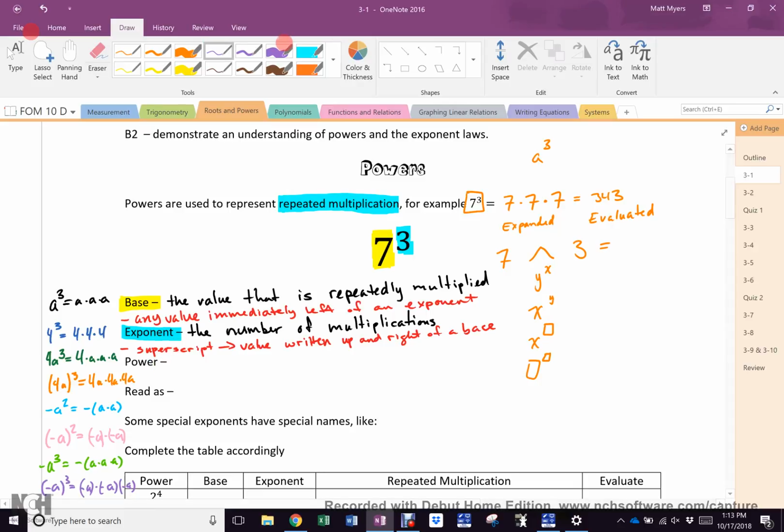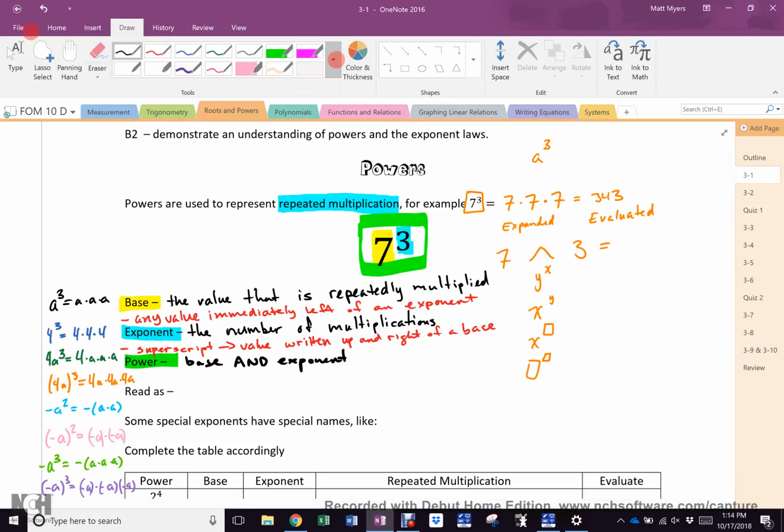A power is the whole thing. A power is a base and an exponent. And we read it as base to the power.